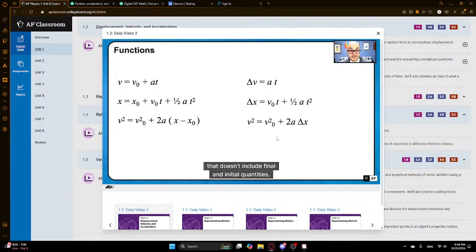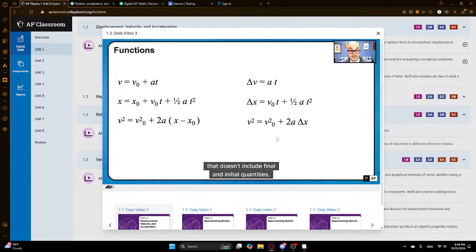This can be written as change in position is the same as the initial velocity times time plus half of acceleration times time squared.